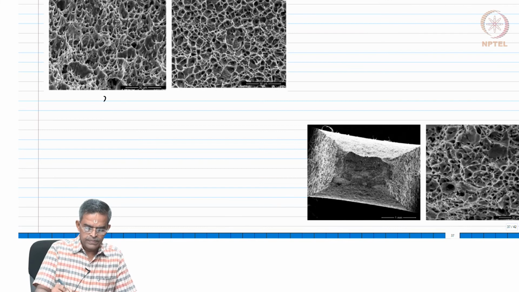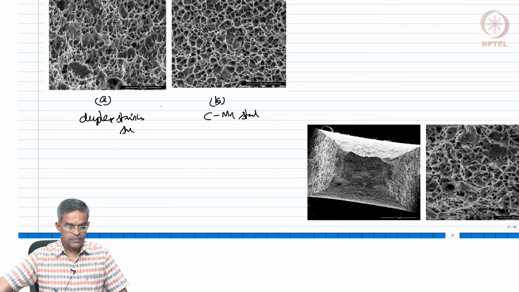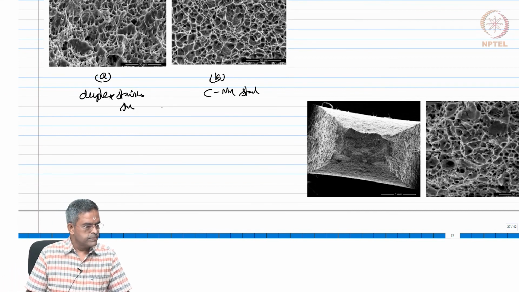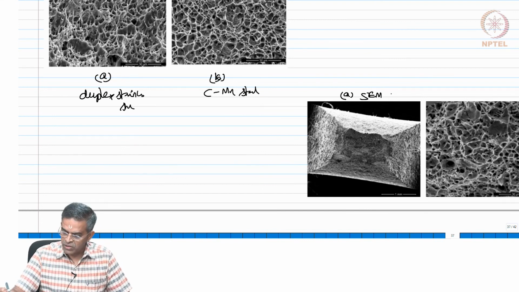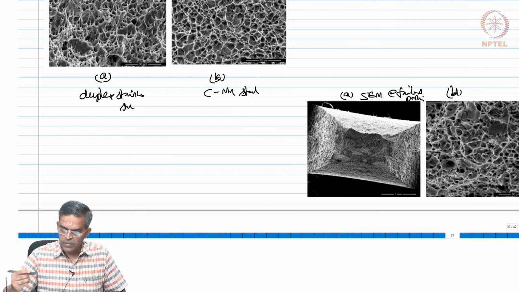This is duplex stainless steel, this is carbon manganese steel, and this is the SEM image at the failed portion or at the fractured portion, and this shows the fractography indicating a ductile failure.